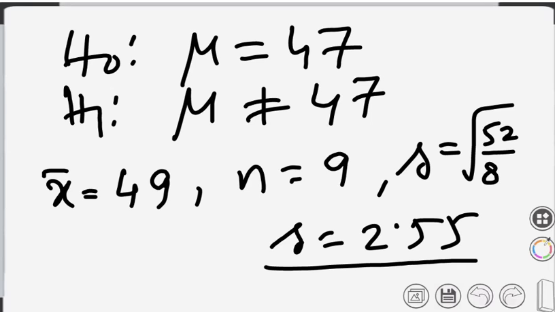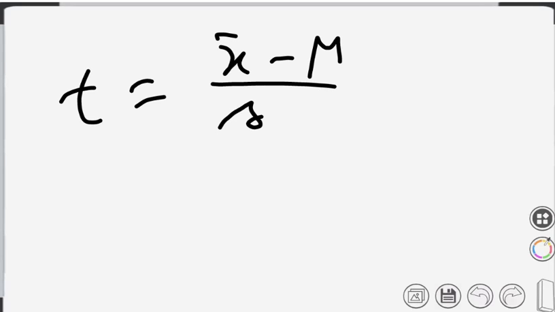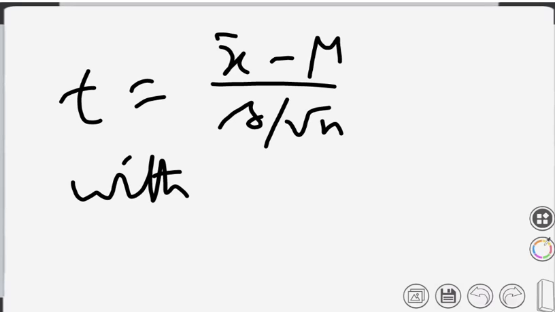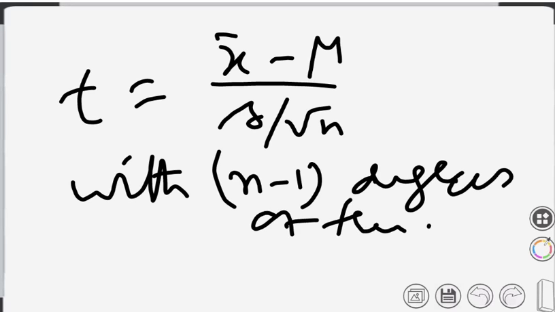So here the test statistic will be t equals x bar minus mu by s by root n with n minus 1 degrees of freedom. So calculate the value of t.